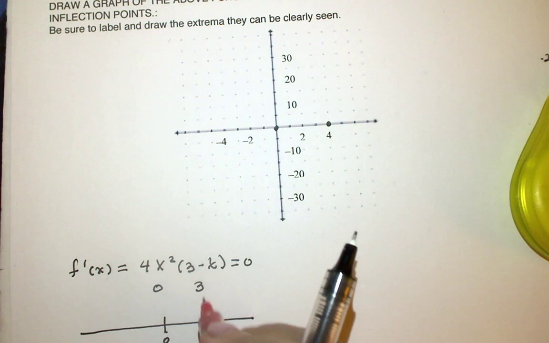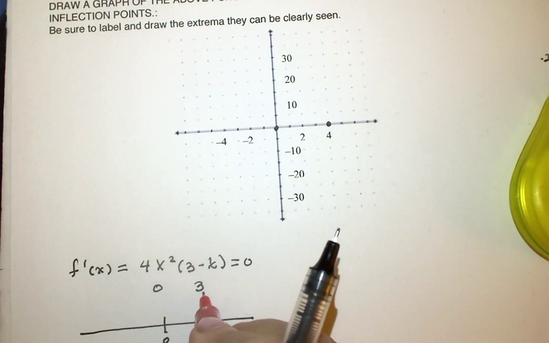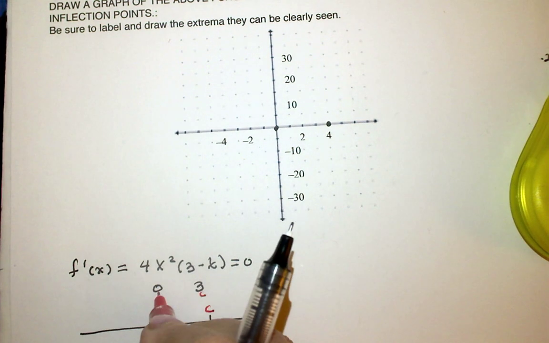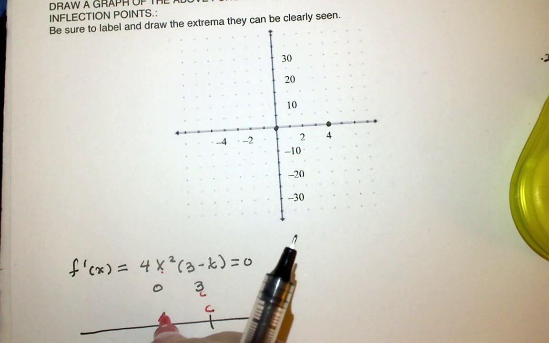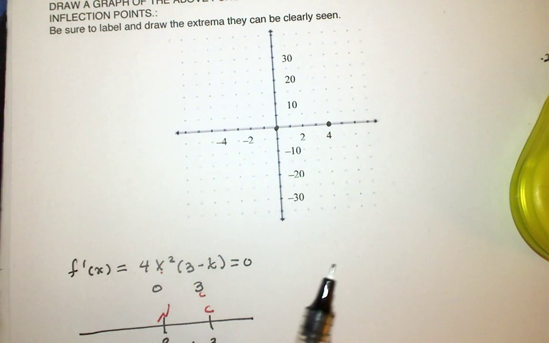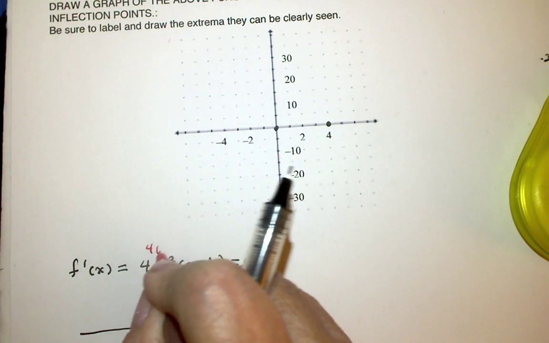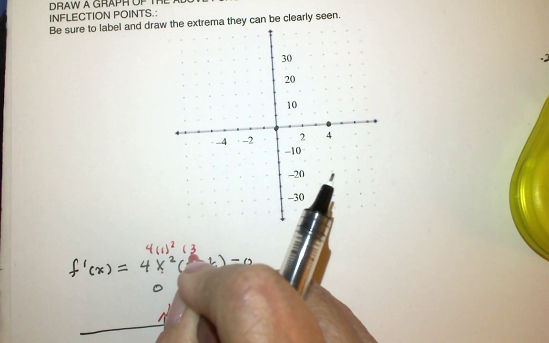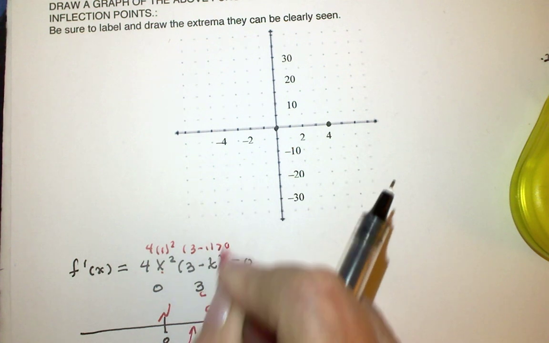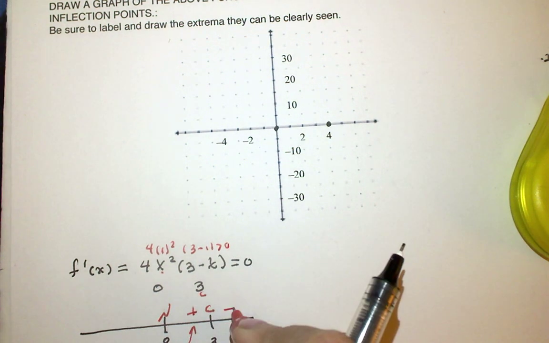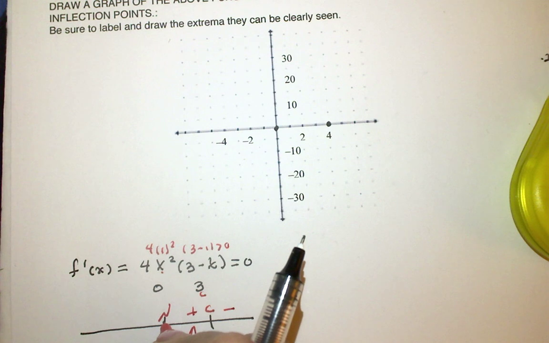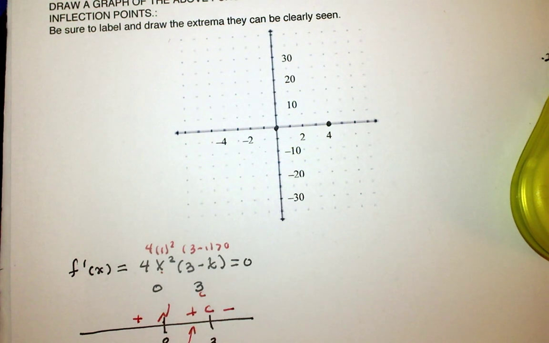And this is multiplicity 1, so I have a change across 3. Multiplicity 2, there's no change across 0. So I'll pick 1. So this would be 4 times 1 squared, times (3 minus 1), that's positive. Change, negative. No change, positive.